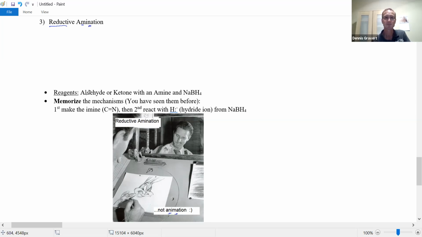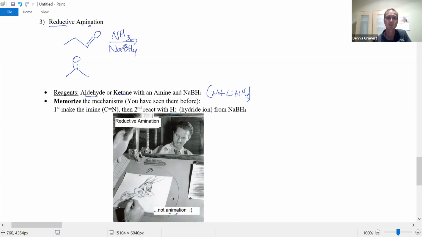Okay, so what you're going to do is start with an aldehyde or ketone. And you use an amine or ammonia. And in the same reaction, you also add some sodium borohydride, the mild reducing agent, not lithium aluminum hydride, but the mild one, the one that only attacks aldehydes and ketones, supposedly, the one we talked about before.